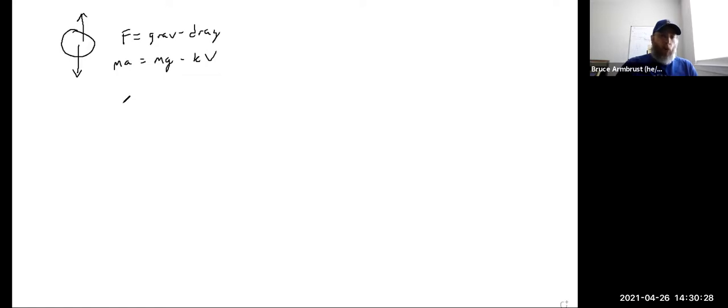And so we were able to turn this into a first order equation by recognizing the fact that a is equal to v prime. So that was cool. It made it first order in terms of velocity. We could solve that. And then if we want a position, we could just integrate again.